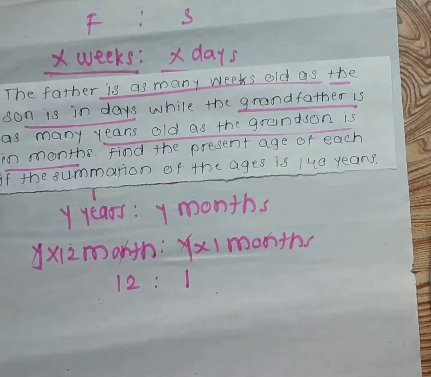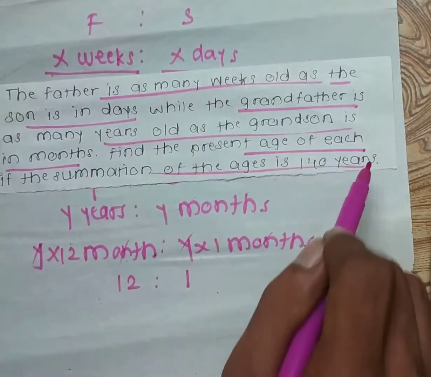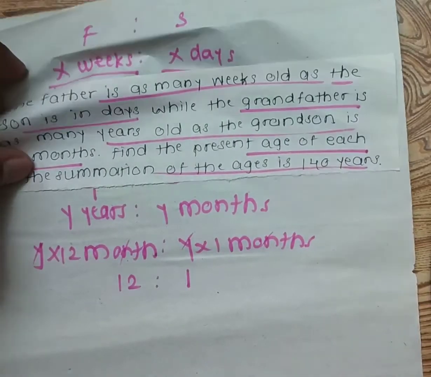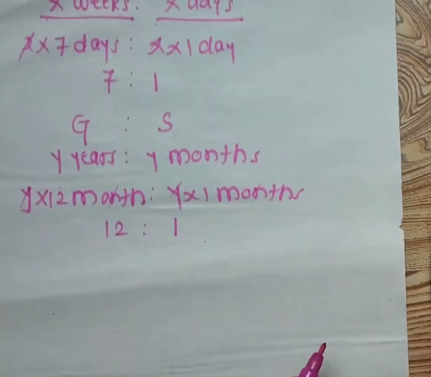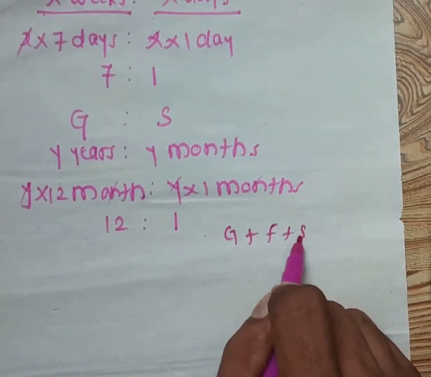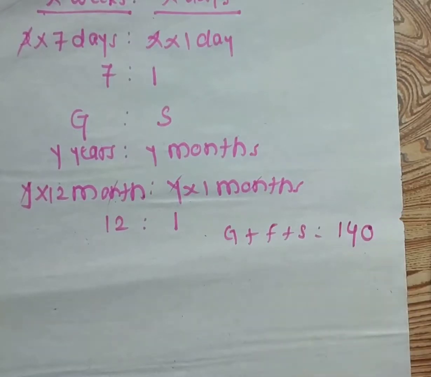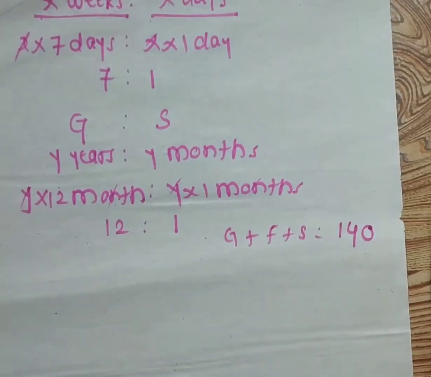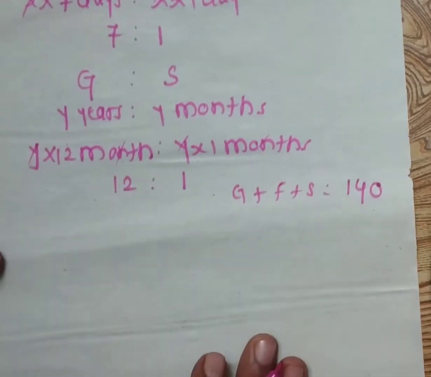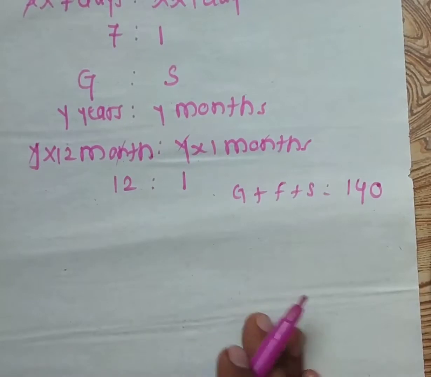Next part is, find the present age of each if the summation of their ages is 140 years. Means grandfather plus father plus son is equal to 140. And we know the ratio of all these members.